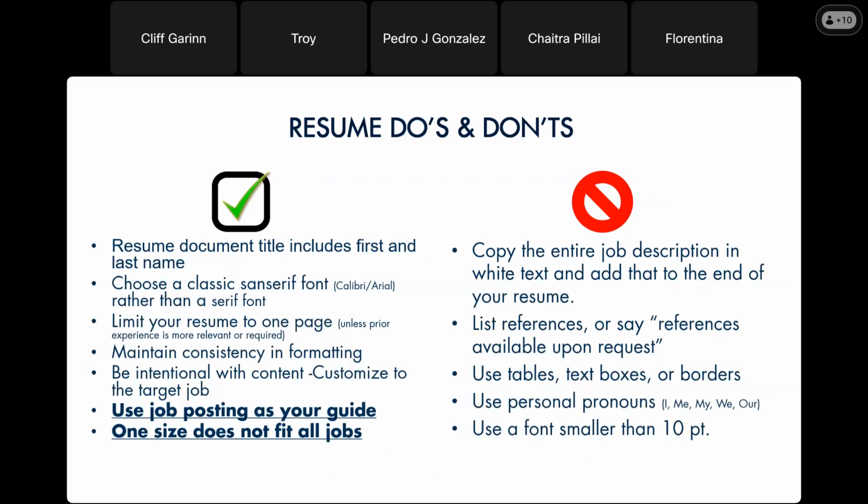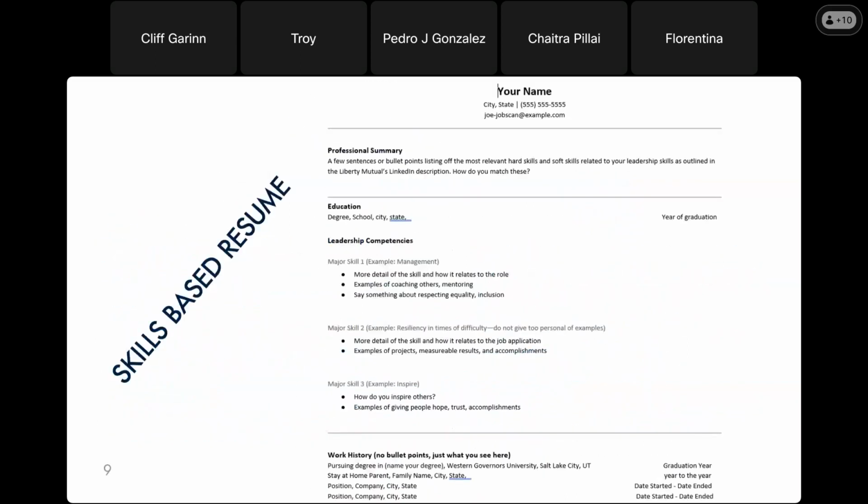Okay, good question. So another question is with that, let's go back to that resume. The reason in this circumstance where you would put the education at the top is because there is no relevant work experience that will highlight your qualifications.